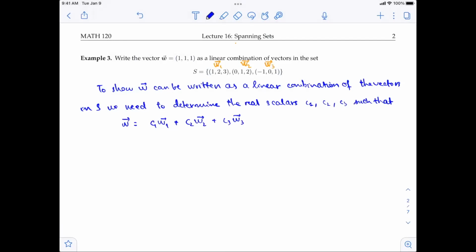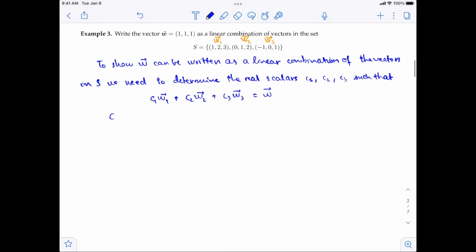Going to put everything into this vector equation and see what we got. All right, so I'm going to switch the equal sign around. Instead of W equal to this linear combination, I'm going to write the linear combination equal to W. So it's the same thing. Okay, so I'm going to substitute vectors W, W1, W2, and W3 into this equation.